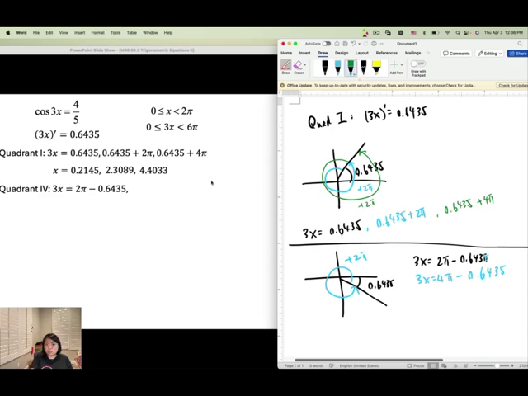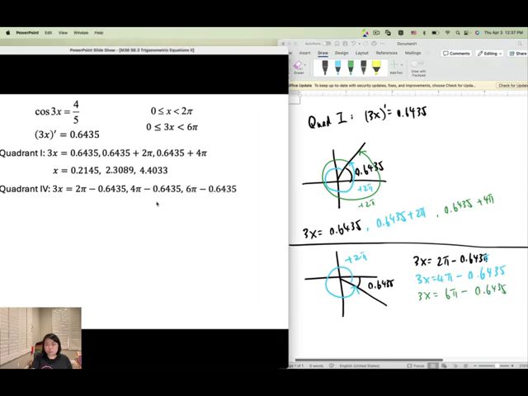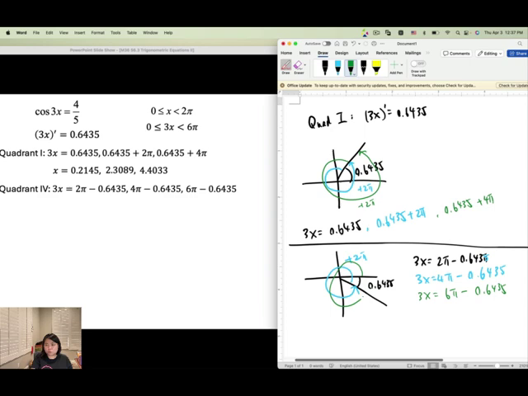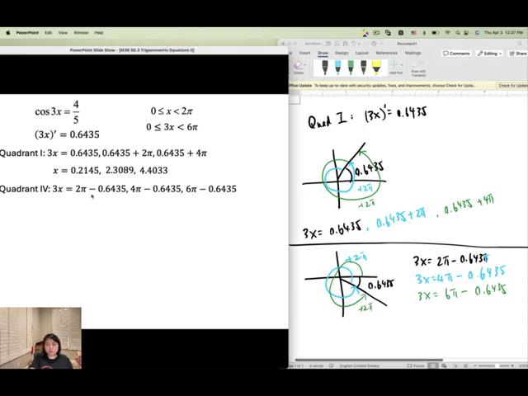And then the interval for 3x can go up to 6 pi. So I have one more: 3x equal to 6 pi minus 0.6435 here. And that's why I get these two. Here you could get one more by adding another 2 pi. Now I'm going to use the calculator to take care of this.